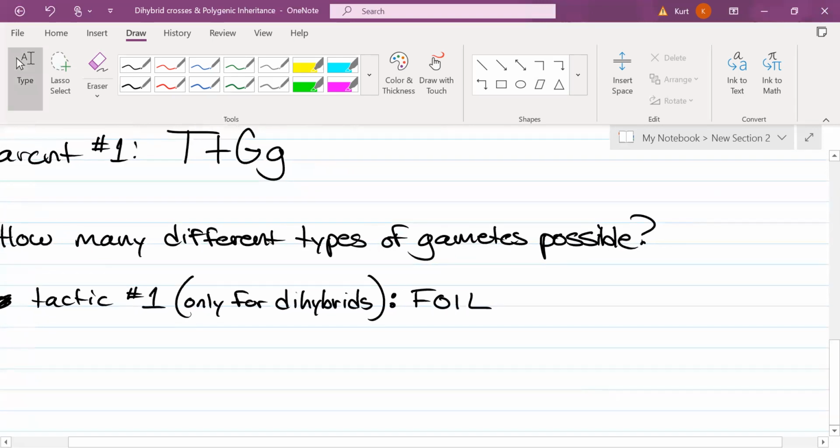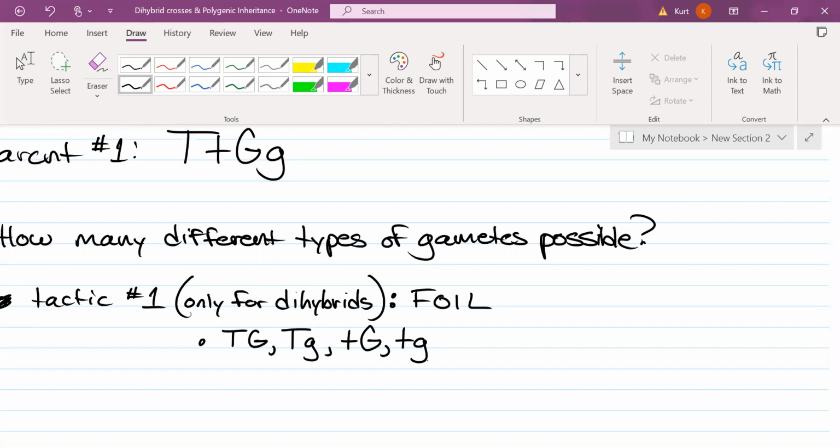So if you did first, that would be dominant T, dominant G; outside, dominant T, recessive G; inside, recessive T, dominant G; last, recessive T, recessive G. So how many different gametes can be made when you have this number of traits in 2 different forms? You can make 4. So the answer would be 4 different gametes.